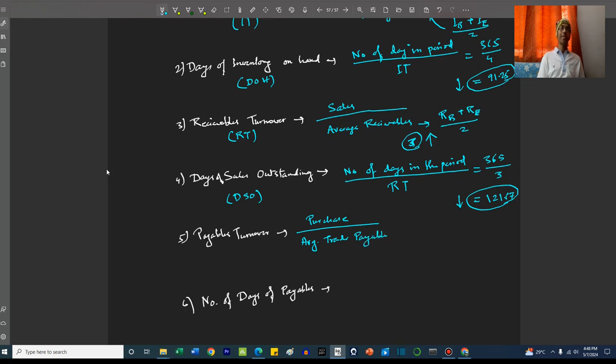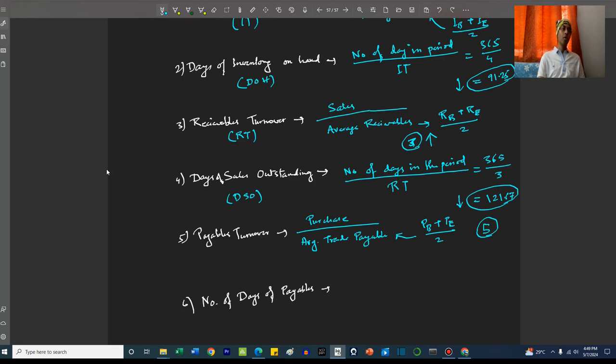It is basically the payables at the beginning of the period and payables at the end of the period divided by 2. So let's say this number is 5. That means 1/5 of whatever purchases are made, the payment for that is outstanding for that period. So generally, having a comfortable number here is good.